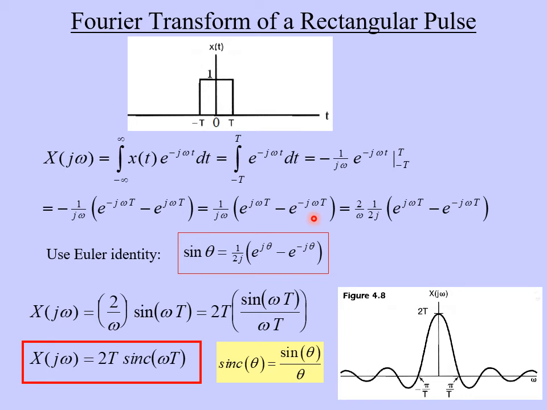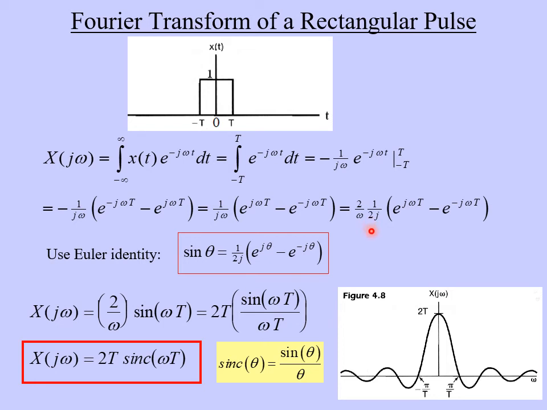And then to simplify this thing down and make some sense of it, we're going to do a little trick here. We can multiply and divide by a factor of 2. So notice in this term out here, 1 over j omega, I inserted a 2 here, and I took it back out down there.